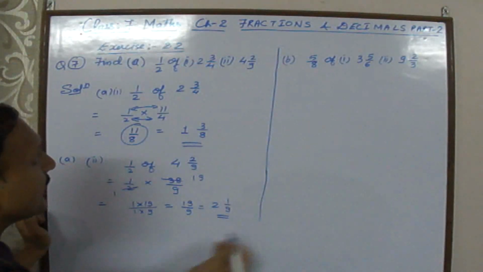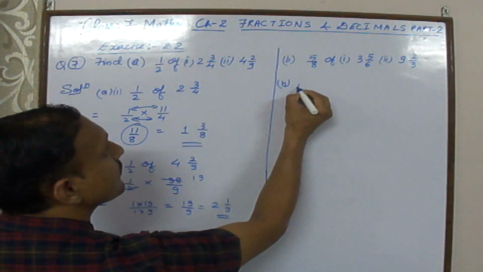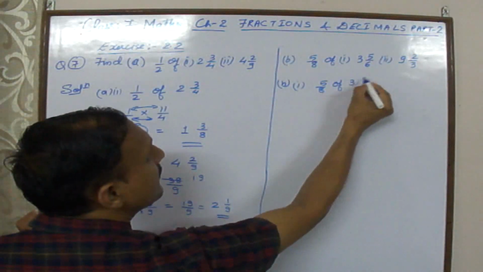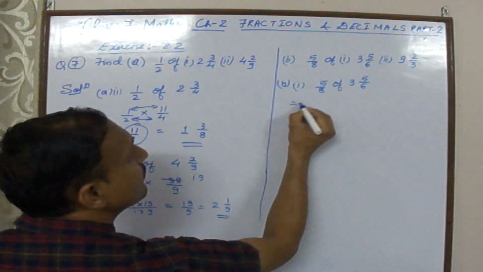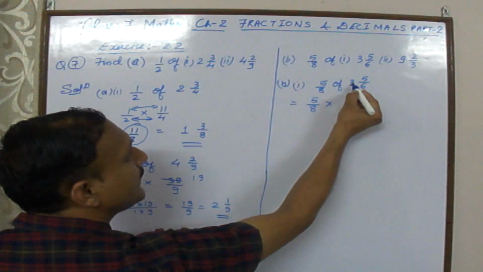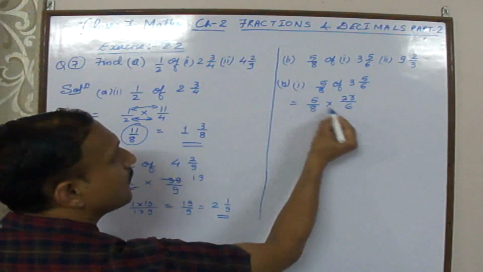See children, now the second part, B1 first part, 5 by 8 of 3 5 by 6. 5 by 8 of means multiply again, 6 3s are 18 plus 5 is 23 by 6. Is it possible to cut?